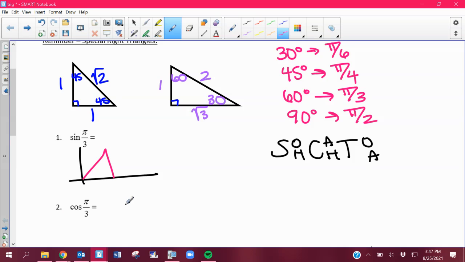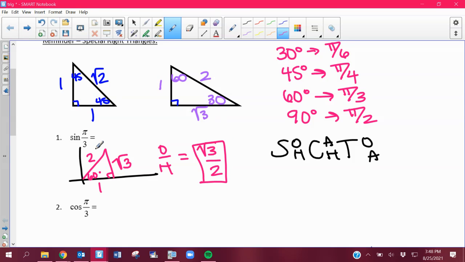Remember, the whole thing is 360 degrees or 2 pi. So if I make this, then this is pi over 3, that makes this a 60-degree triangle, and I just put these same ratios on each of the legs. So my hypotenuse will be 2, across from the 60 will be root 3, and then 1. And since I want the sine, I want the opposite over the hypotenuse. So that's going to be root 3 over 2.